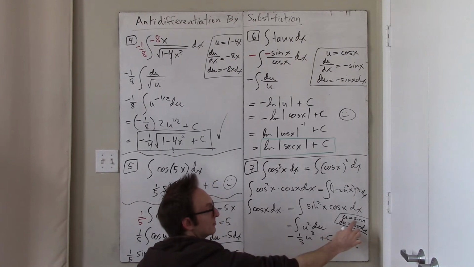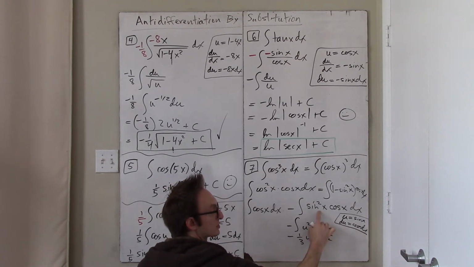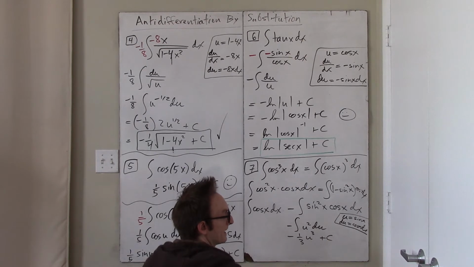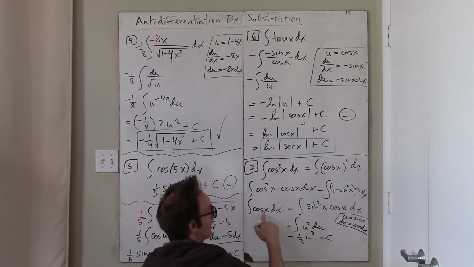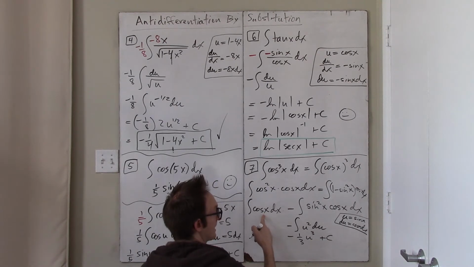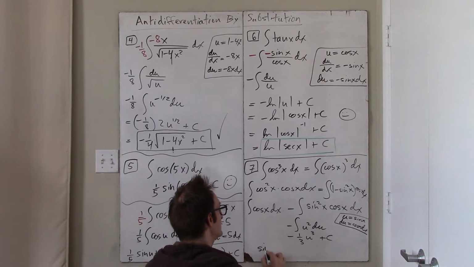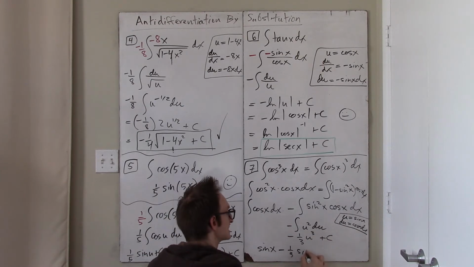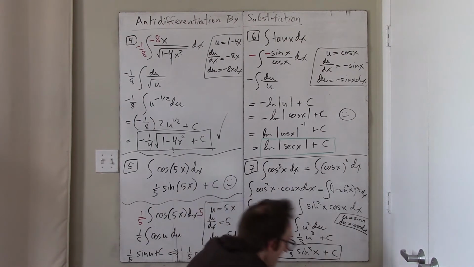So you let u be sine, that's really like u squared du, and that's the antiderivative of u squared. And the antiderivative of cosine is sine, because the derivative of sine is cosine. And so as a final answer, we get sine x minus 1/3 sine cubed x plus c. And that's the final answer there.